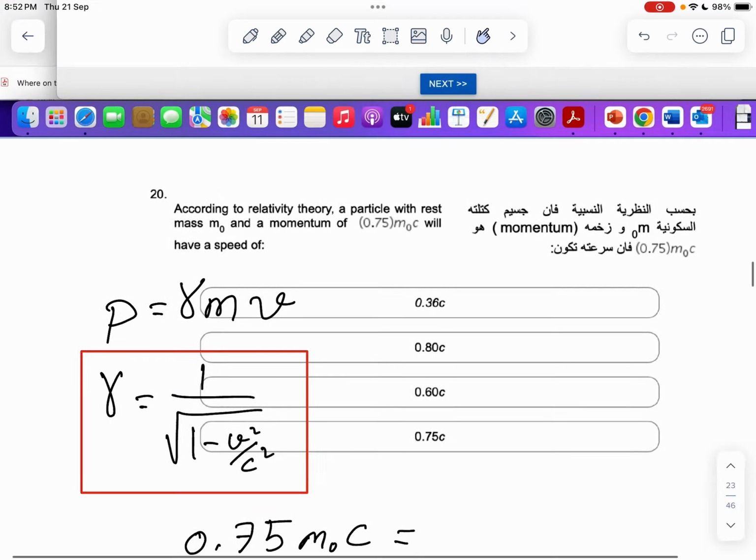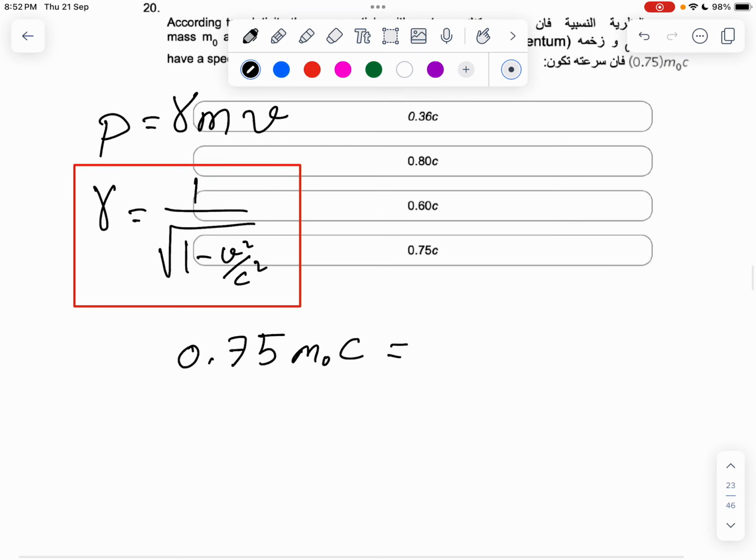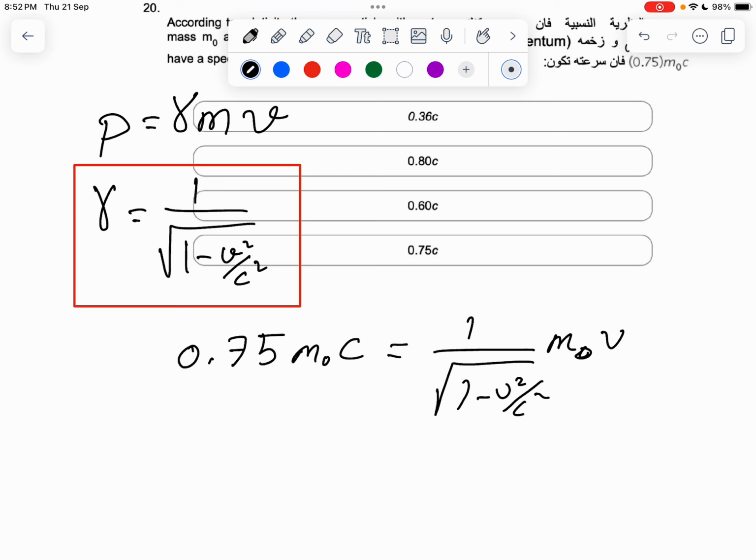So gamma, again, is 1 over square root 1 minus v squared over c squared, multiplied by m0 and multiplied by the speed v.